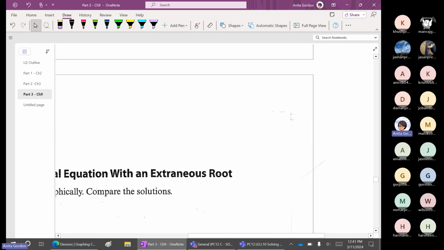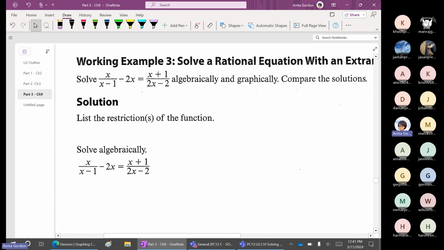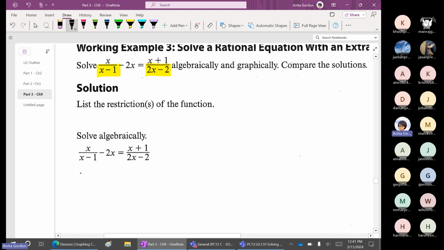Okay, example 3. In example 3, two things I want you to notice, because this is what's going to trip you up on a test. Look at the denominator. Right now, they look different. However, absolutely, I can factor out the 2.